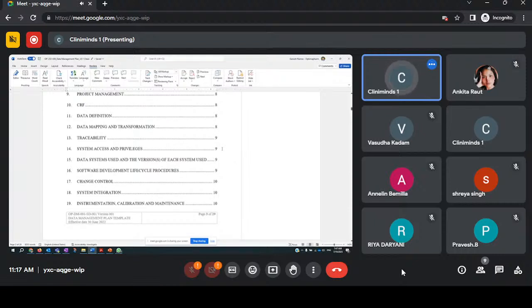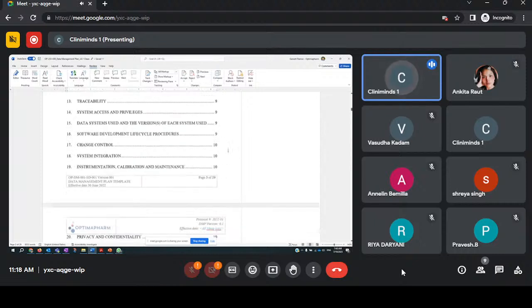Who is responsible for giving system access, revoking system access, training on the databases, right? Then data systems used and versions, right? Which database you are using, which type of software development lifecycle you have, change control, like when you are developing the database and you are changing a few things in the database, even after the production database, when you have anything to be changed in the database, that will also be given here.